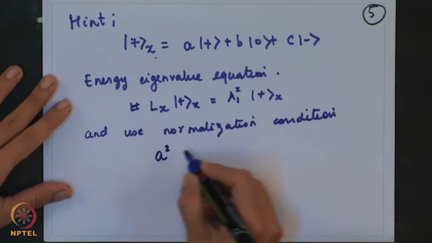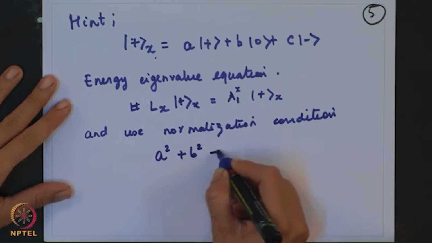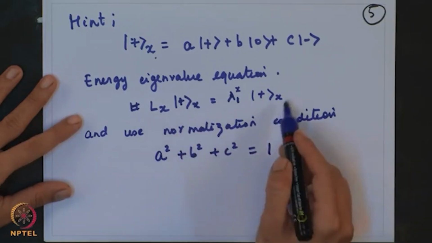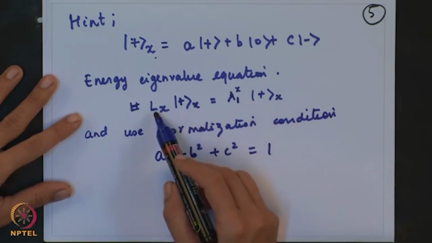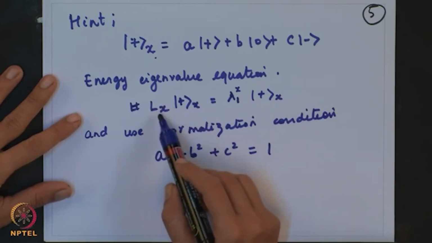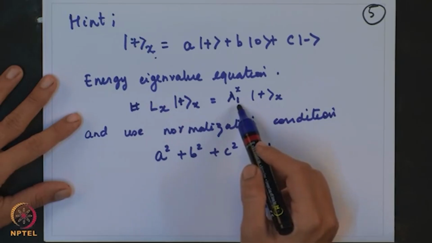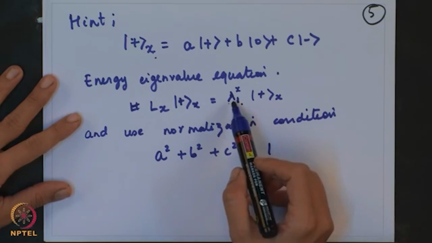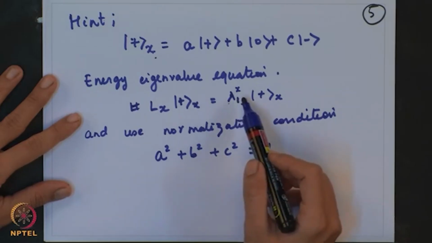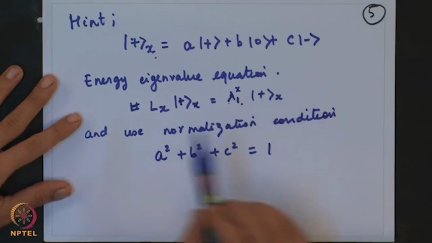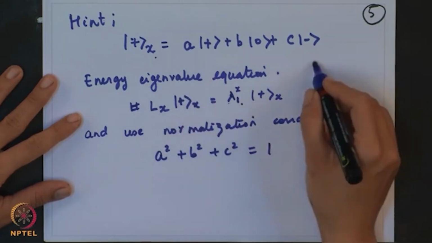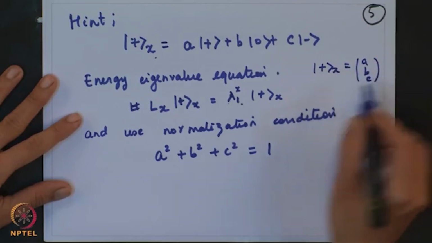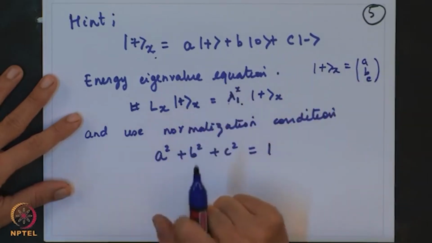So, the normalization condition is a squared plus b squared plus c squared equal to 1. For the first part, you can just substitute for Lx and the value of lambda 1, which is the eigenvalue, say if you start with 1, and just write plus x as A, B and C and see what you get.